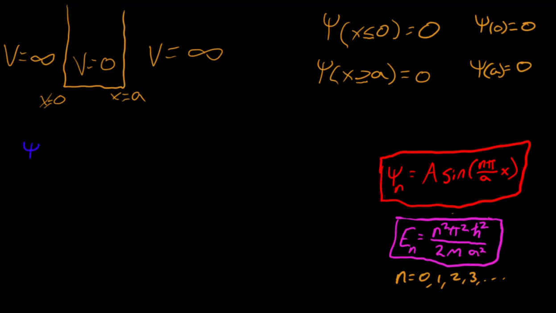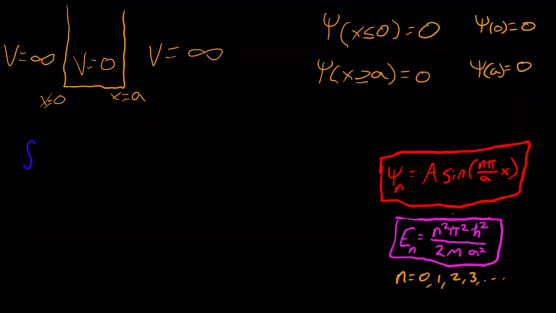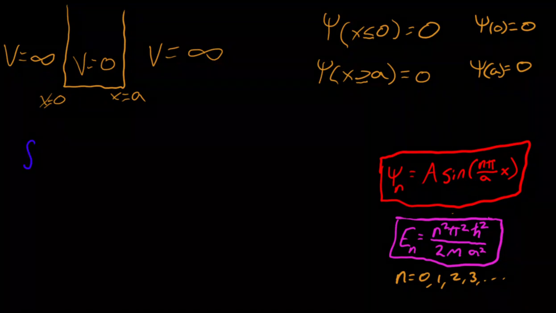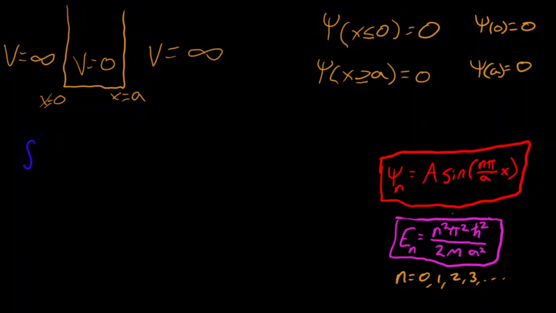So our normalization condition is that the integral, now it's from negative infinity to infinity, but remember, we're doing that because we're integrating over all values of x. This wave function, and I didn't put it in there, but I kind of implied it with all this written up there, is only valid between 0 and a. Everywhere else, it's 0. So if we think about the integral as the area of psi squared, any place where psi is 0, it's just going to be 0.